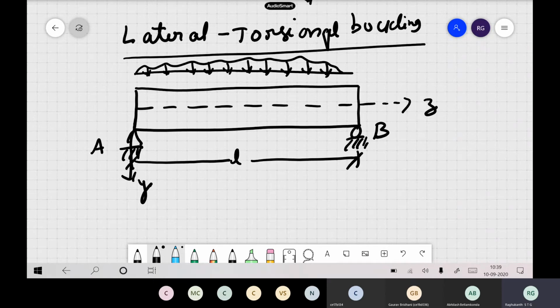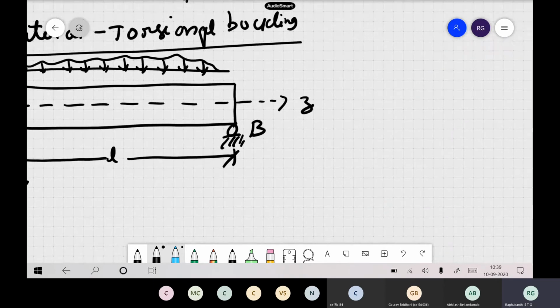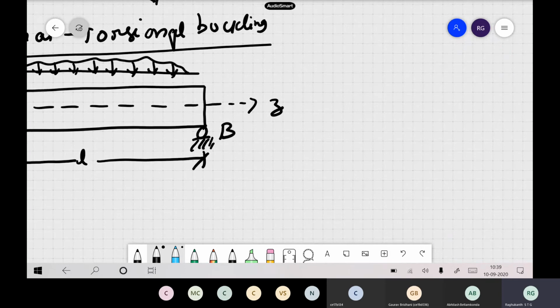This is your centroidal axis, and the cross section of this beam is something like this. For the time being, we assume an unsymmetric section. So this is your I section, a little complicated to make the problem more general. The top flange and bottom flange are entirely different. They are not symmetric.